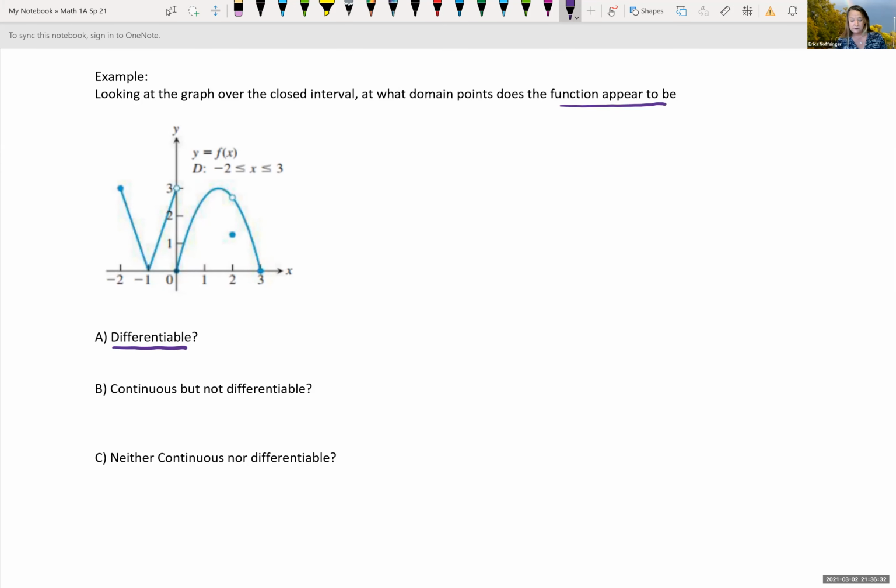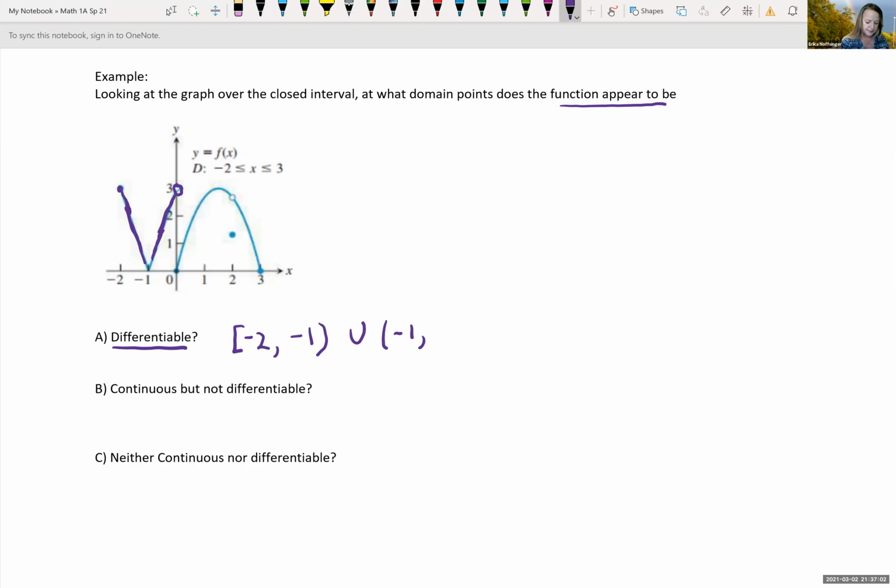So it's not differentiable at sharp corners. So I notice that it's differentiable from -2 until, an open interval, until we hit -1. And then it's also going to be differentiable in this piece from -1, not including, until we get to 0. It's not defined here.